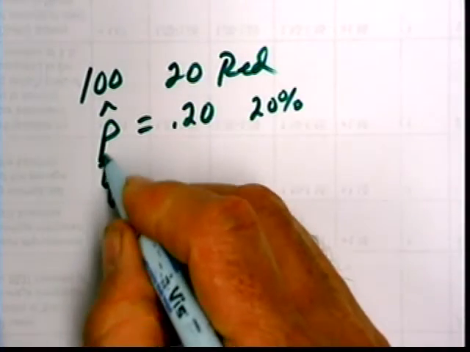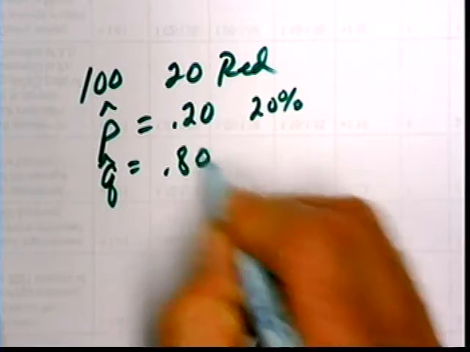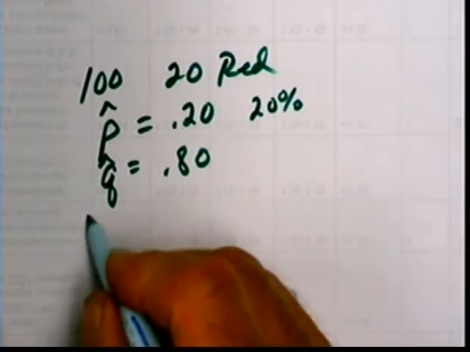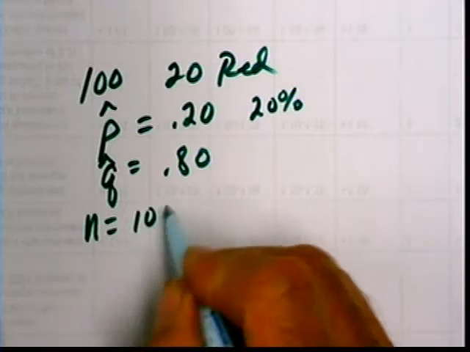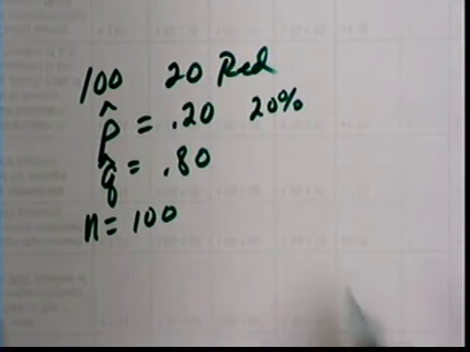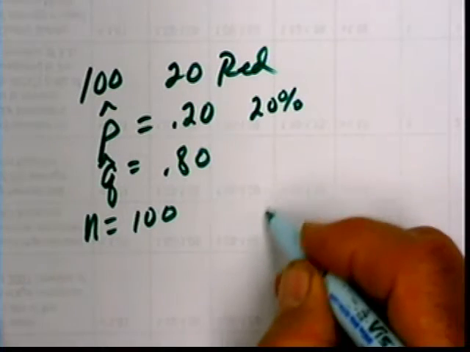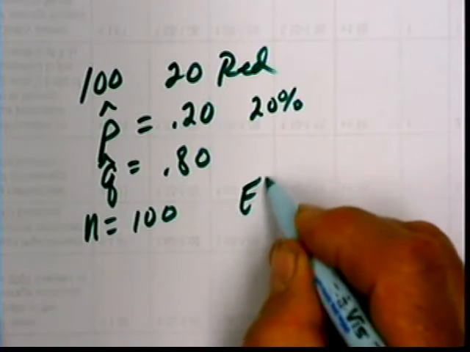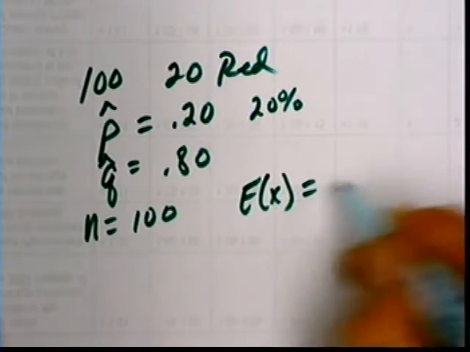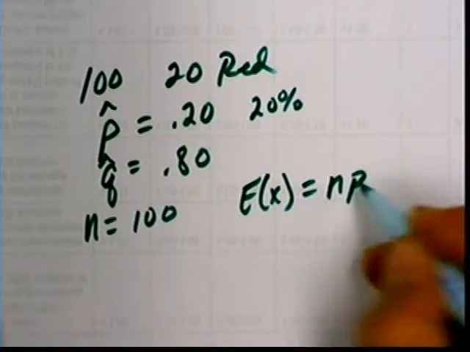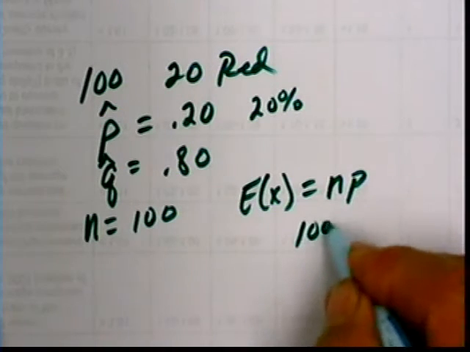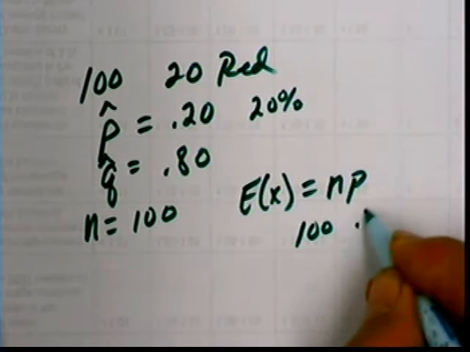So Q is going to be 0.8, which is 1 minus the 0.2. Of course, N is equal to 100. So let's calculate the mean. Sometimes you're going to see the mean as the expected value of X. We know that for the binomial, that's NP, which is N is 100 and P is 0.2.